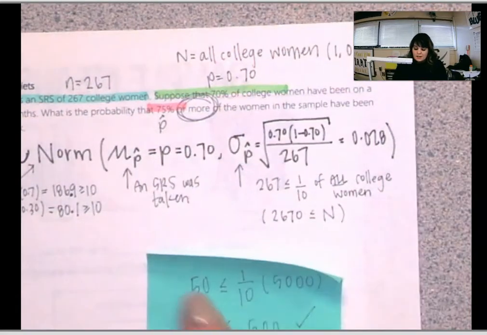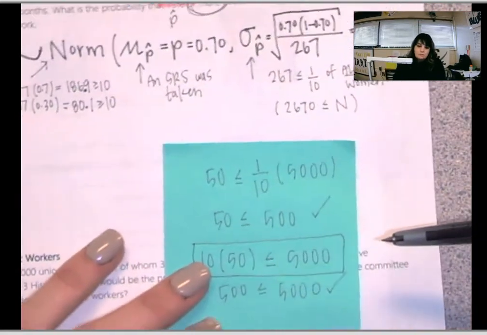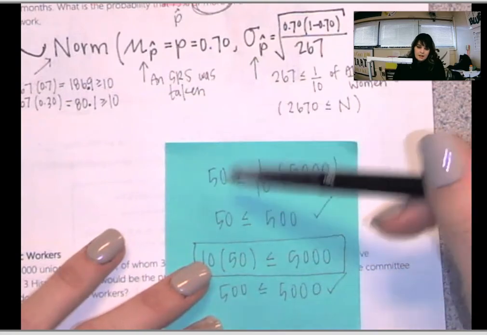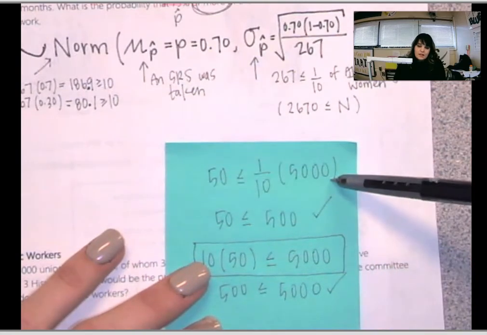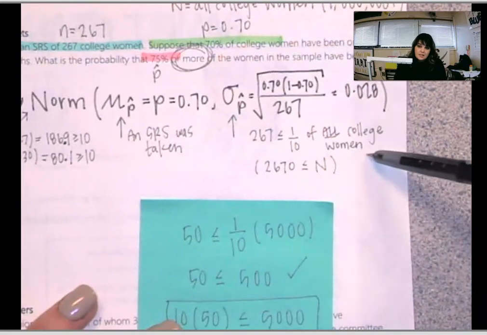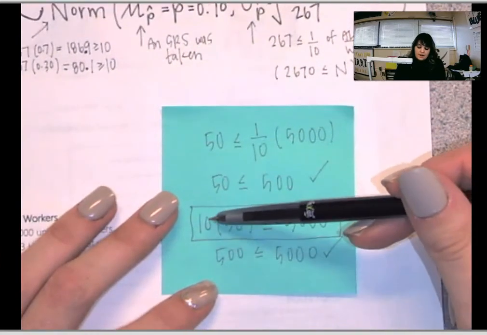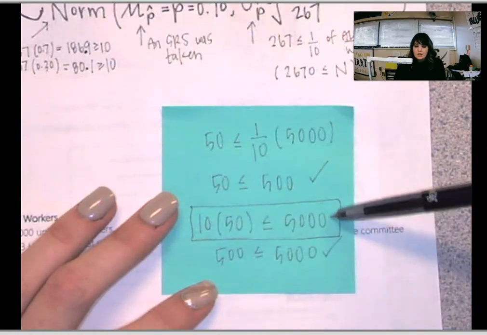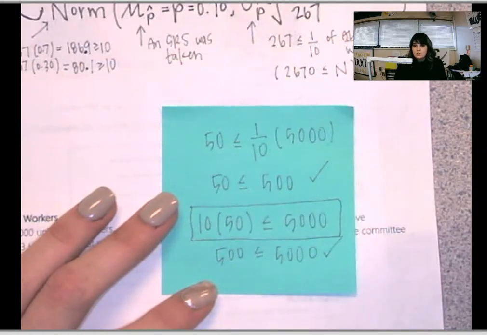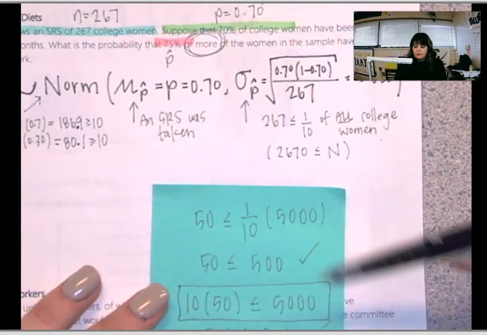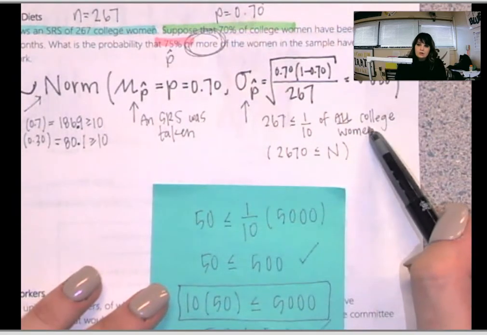This goes back to this idea. I can either look at it as 1/10 of n, which is what I have listed here, or I can verify that 10 times my sample size is less than the population. And essentially, I'm doing both. This is true. How do I know that?